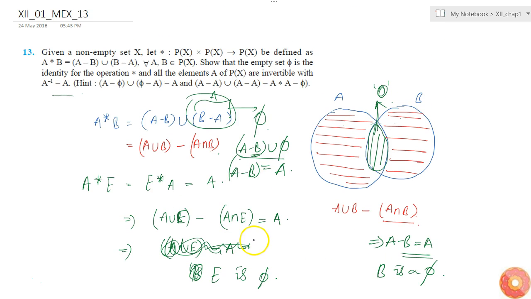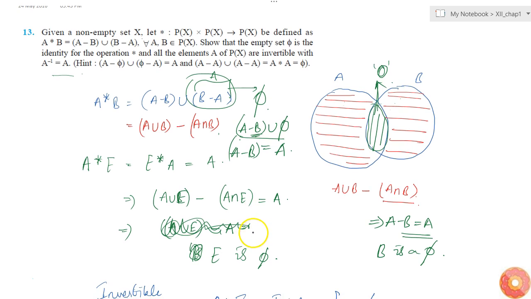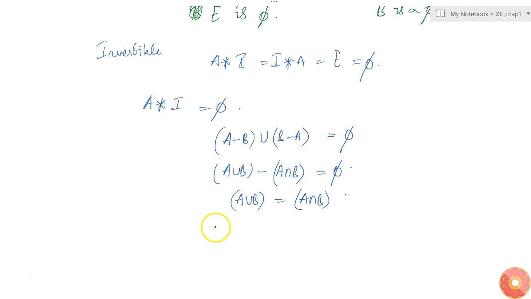The other case: something union something is equal to phi only if both are empty sets. So this must be an empty set, and this must be an empty set.